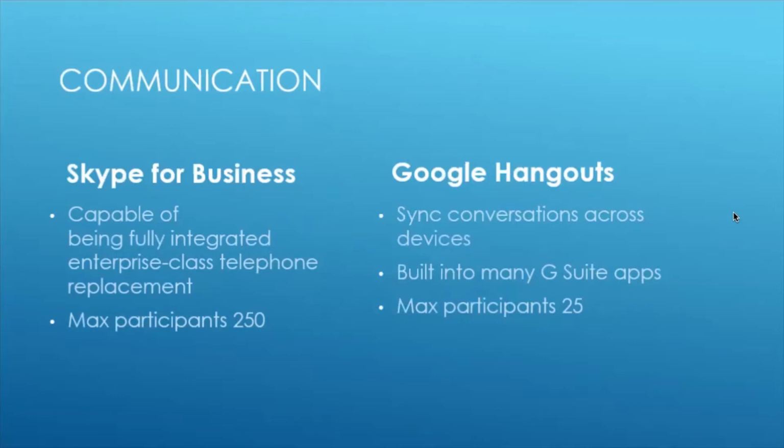Because it is so integrated into the Office 365 product suite, it gives you a lot of additional functionality as far as scheduling meetings, communicating about the meetings, about phone calls, sharing files right from any of the other items in the product suite, so on and so forth.